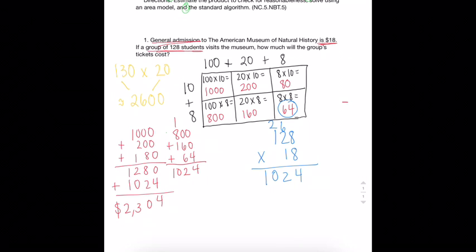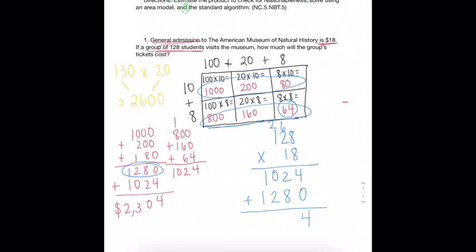And you notice we still get the same partial product of 1,024. We add a 0 because now we're moving to the tens place. And so it's like we're multiplying 128 times 10. And when we do that, we still get the same partial product of 1,280. From there, we can add both partial products up, and we still get the same final product of $2,304.